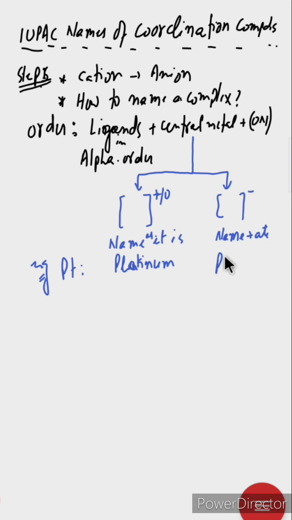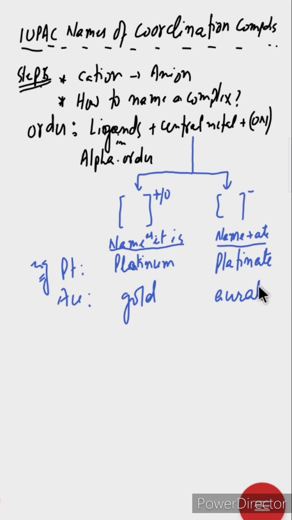And if the central metal is, for example, gold, then in this case gold only, but in the anionic case this must be written as aurate. This comes from the word aurum, for gold.